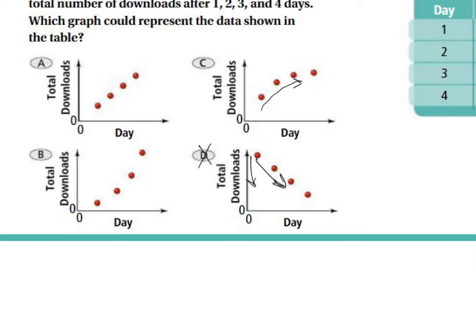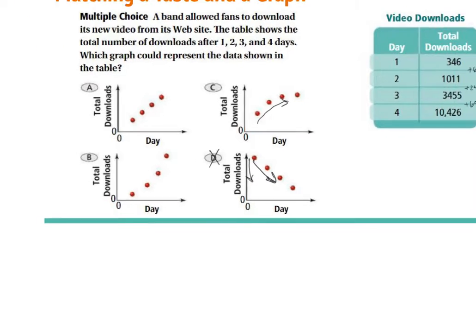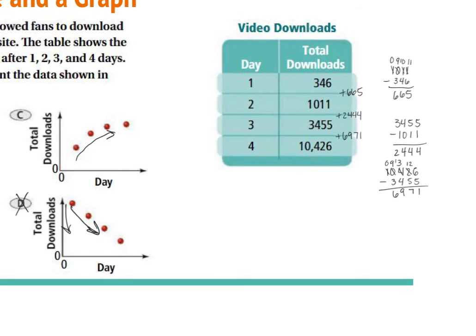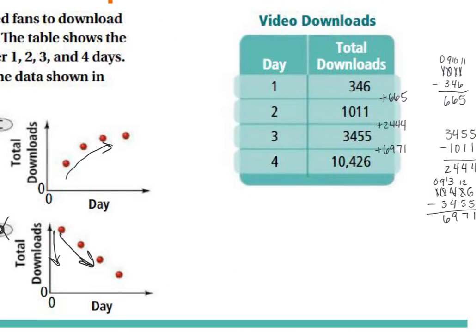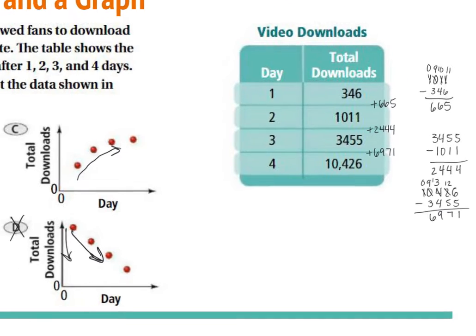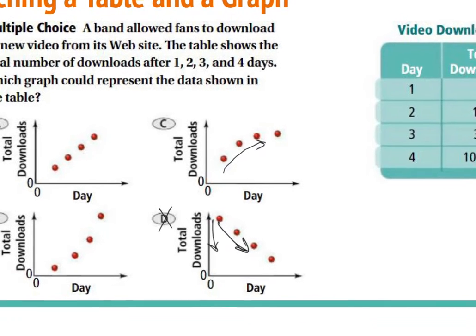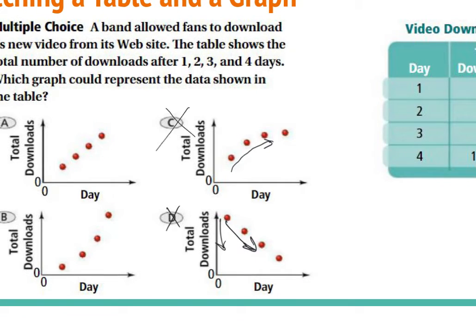It would kind of be this in reverse. So if we were increasing by 6,971, then going down, like increasing, but by a smaller number, like 2,444, and then increased by 665, that's even lower. That would look more like C, but C is not our answer.